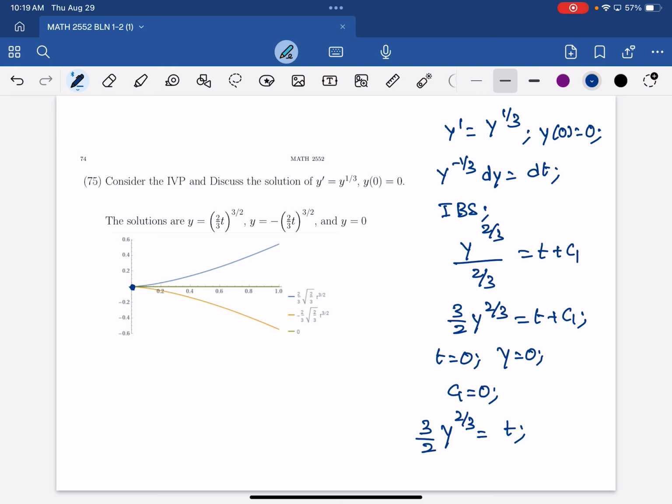What does it mean when the derivative does not exist? That means you can draw infinitely many tangent lines, or there is a sharp edge, or it becomes unbounded, or there is a break in the graph, from our knowledge of calculus, right? So if you look at the solution, because there is a sharp edge, how many tangents can I draw there? I can draw infinitely many tangents, right? That's one interpretation you can think of.